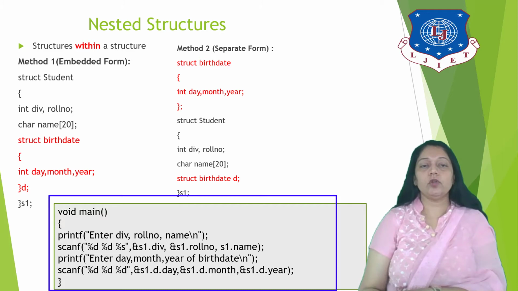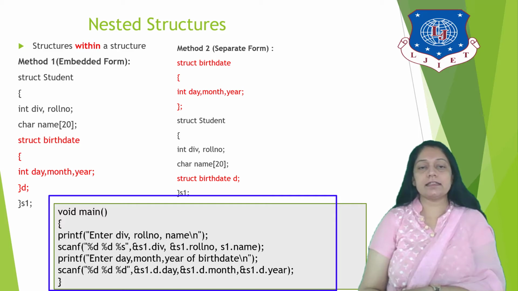But now if you want to enter values inside day, month and year, these three members are of structure variable D, and D is a structure member of the structure variable S1. How you will input the values inside this is scanf S1, that is the outer structure variable S1.